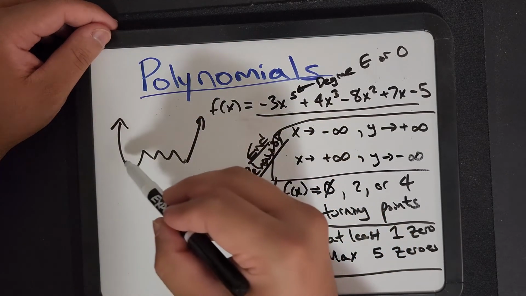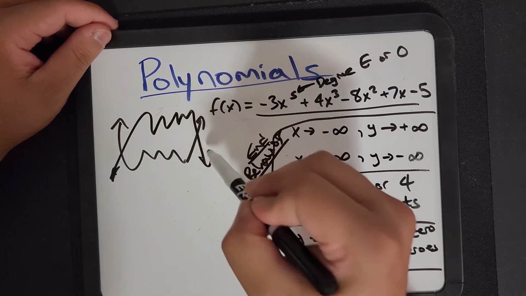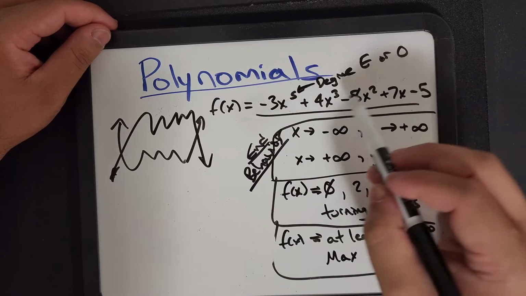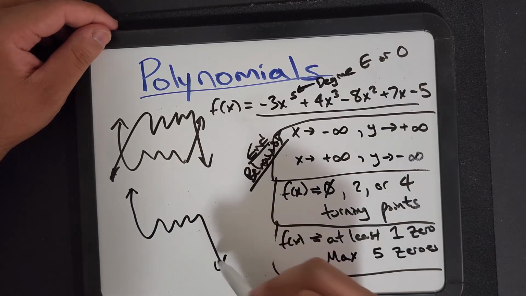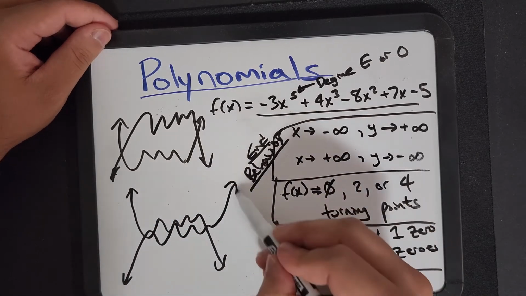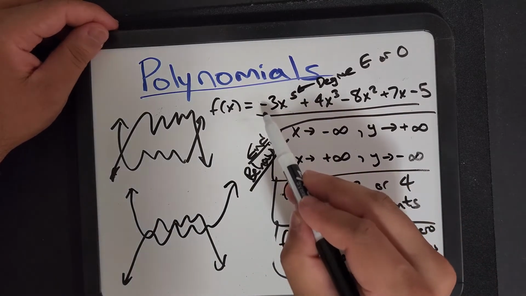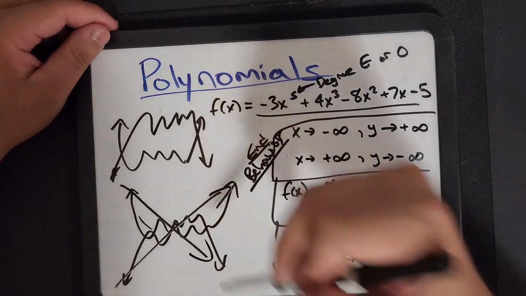Odd will always start on one side and end on the other side. If that was a positive coefficient, it would have done this, but since we have negative, it's doing this.